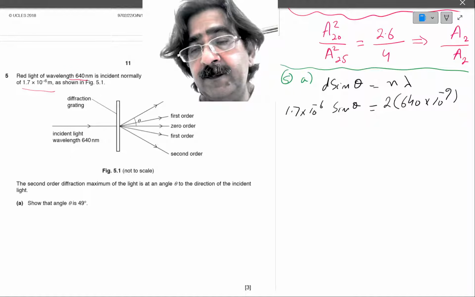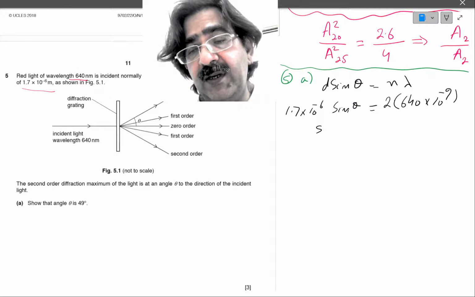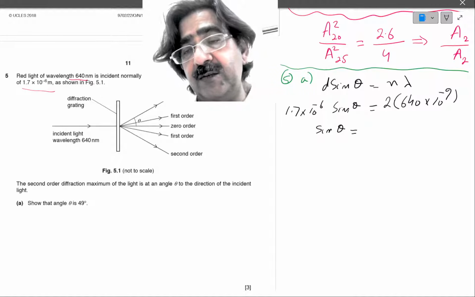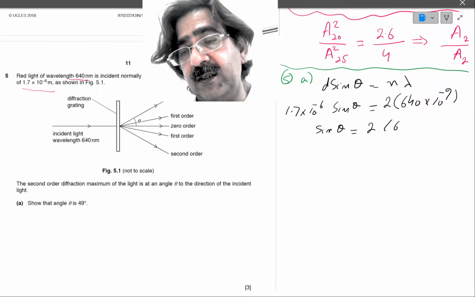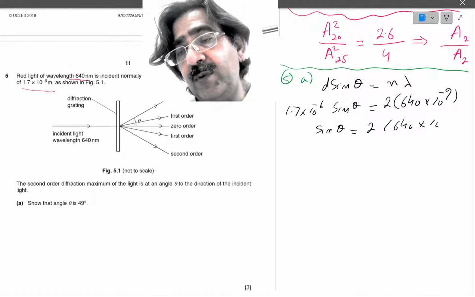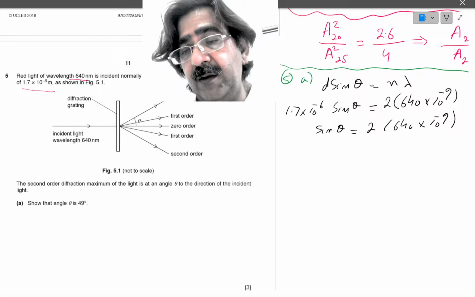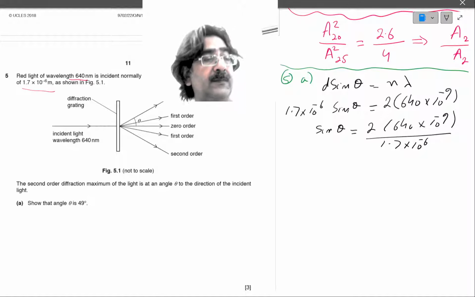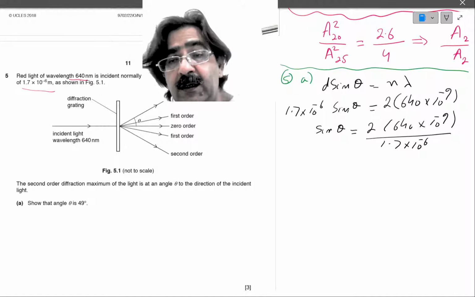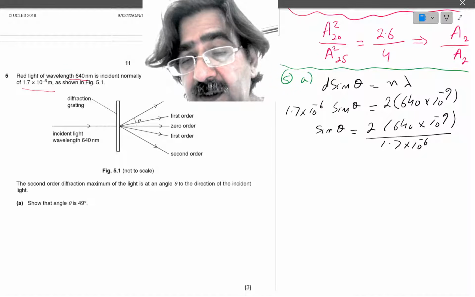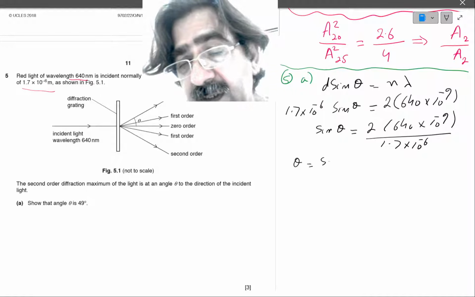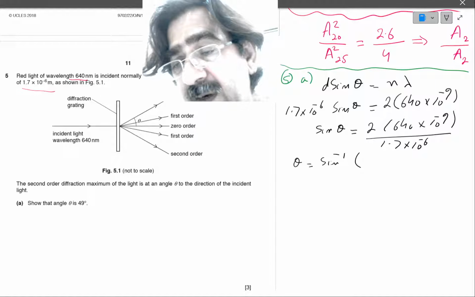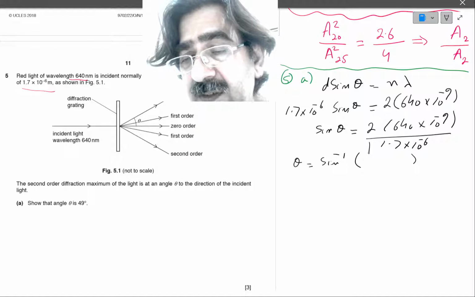So this implies that sine theta must be equal to 2 multiplied by 640 times 10 raised to power minus 9 divided by 1.7 times 10 raised to power minus 6. Okay, and so theta will be the inverse sine of the above, and everything is given.